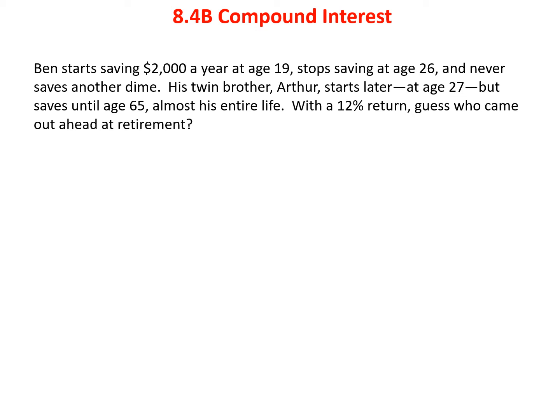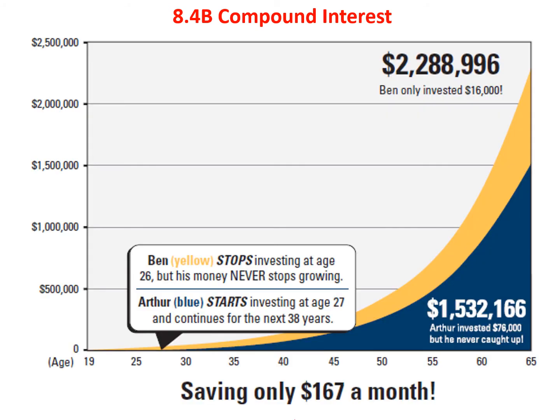So I'm going to show you a graph on the next page that'll give an indicator of where this goes. This is a very interesting graph. Notice the yellow is Ben. He's the one who started at age 19. He started putting $2,000 away each year in a fund that's growing at 12%. But then you notice where the arrow is here under the box.